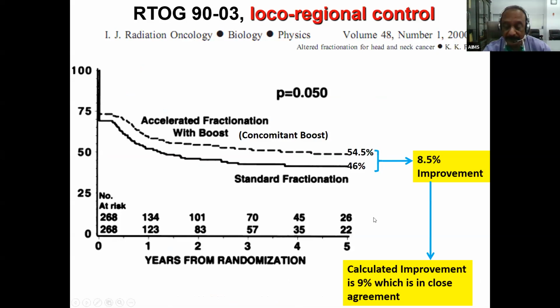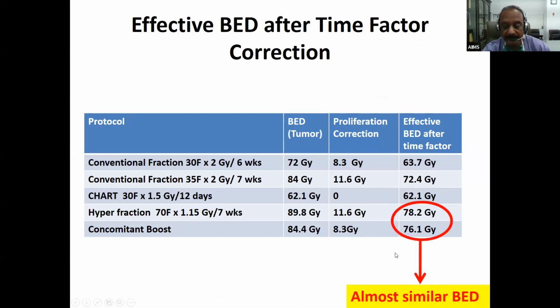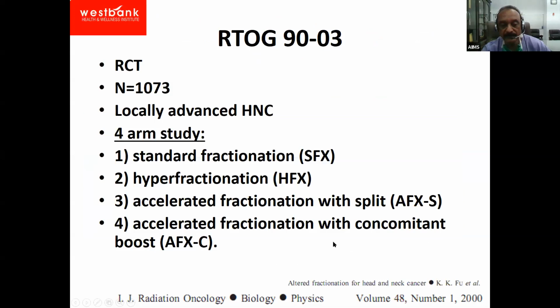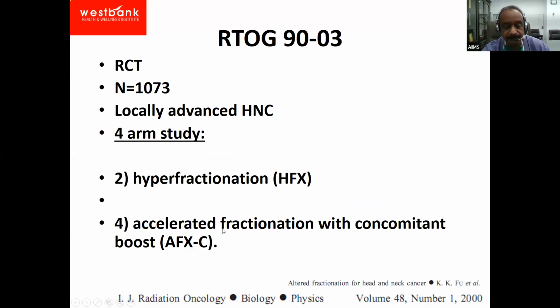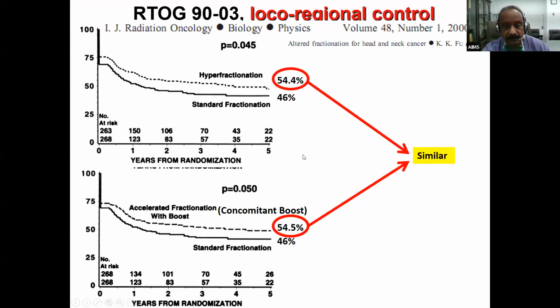So this again is very interesting, that what we calculate from the linear quadratic model is ultimately translating into our clinical setting. Now putting these values here, if you look at these last two, they almost have similar BED, which means they should have similar local tumor control. If you look again at the same data, RTOG 9003, now you just look at the hyperfractionation and the concomitant boost, you will see almost similar outcome in terms of local tumor control, the same thing which we predicted from the linear quadratic model.